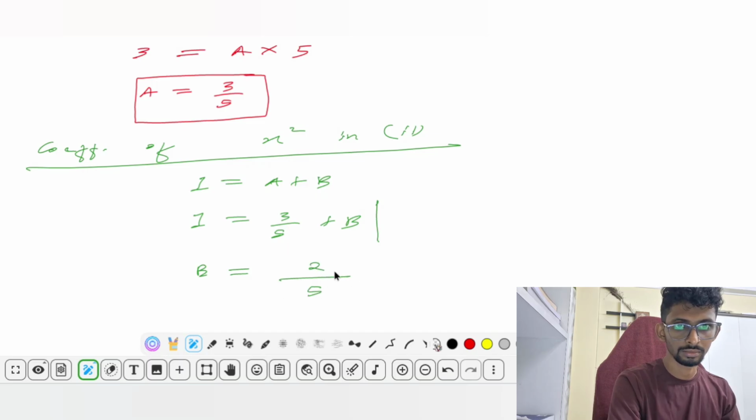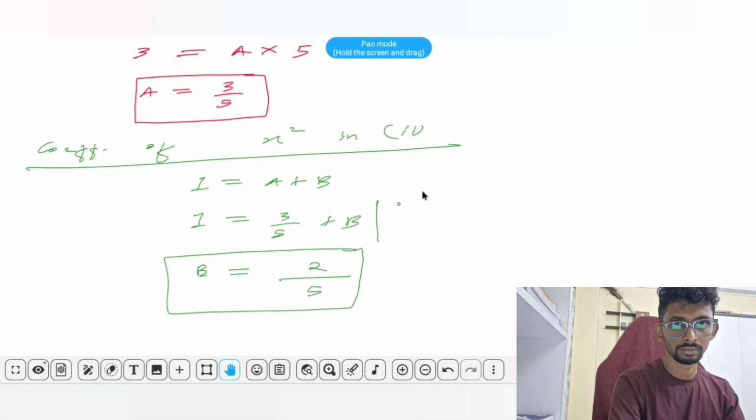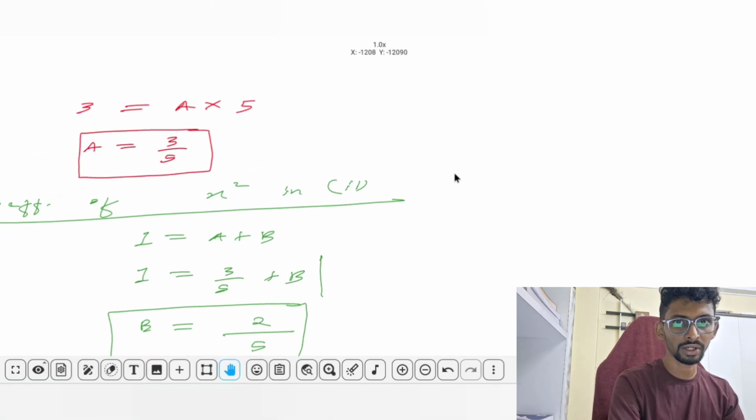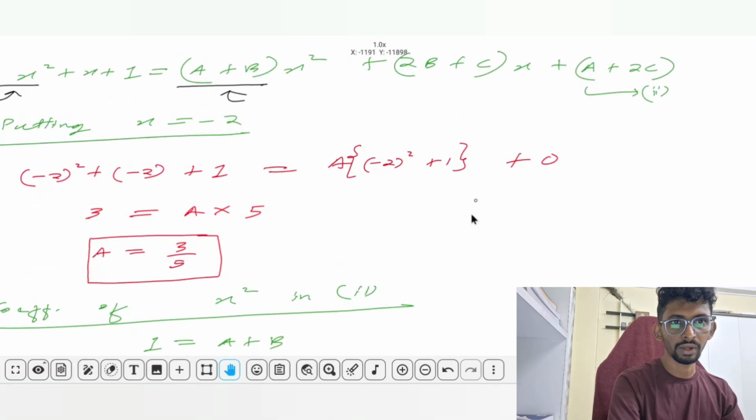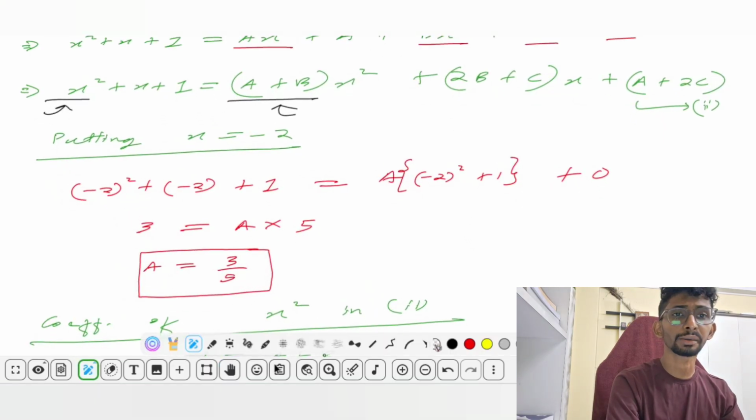Now we have to calculate c. So to calculate c, what we will do, we can equate the coefficient of x. So if we equate the coefficient of x, we can write 2b plus c equals to again 1. So let us write that.